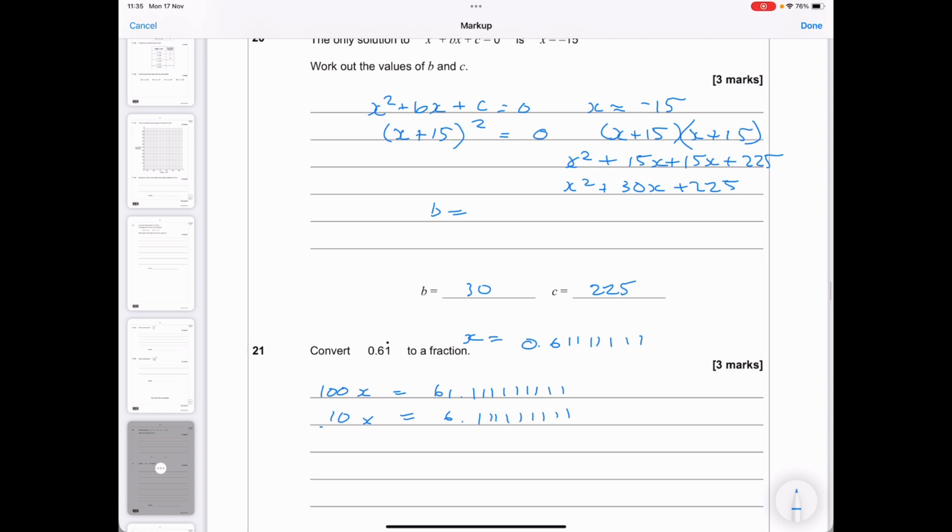Now, if we take everything away from each other, it means we get rid of all the 1111s. So 100 minus 10 is 90. Put a little x in. 61 minus 6, we get rid of all the ones anyway, is 55. And that's x then equals 55 over 90. Divide through by 5, so x equals 11 over 18. And that's that done.